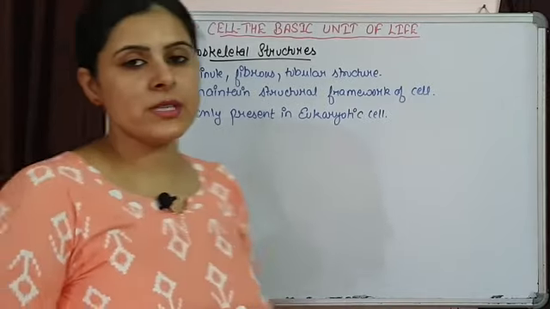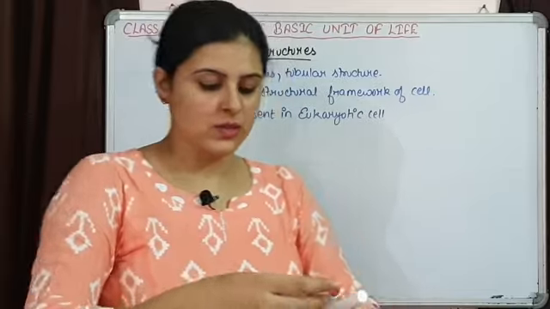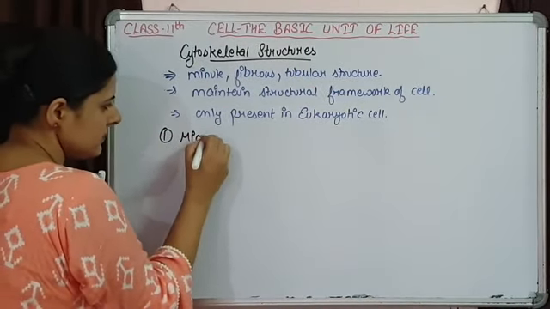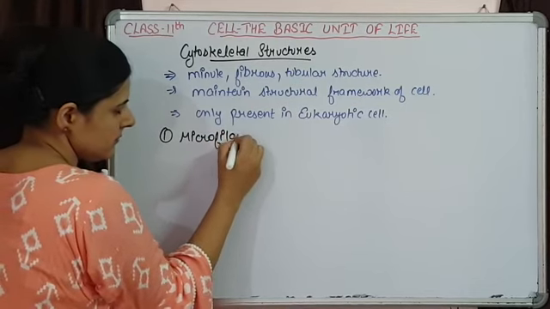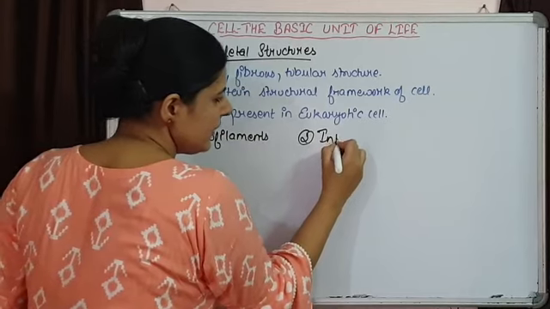Now we are going to discuss 3 types of cytoskeletal structures. The first one is microfilaments. Second are intermediate filaments.